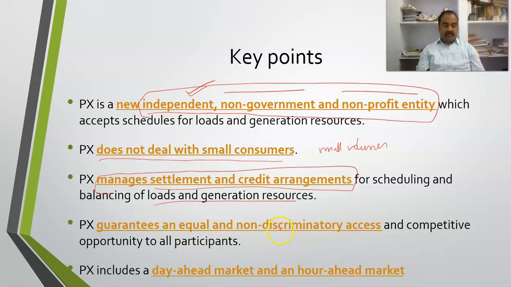So let us suppose somebody buys some power, irrespective of the volume and price for which he is purchasing or selling, he must get non-discriminatory access to the services which are offered. That job will be taken care of by the PX. And normally the PX includes a day-ahead market and an hour-ahead market also. So these two types of markets are available in the power exchange. That we will discuss in the next video lectures.